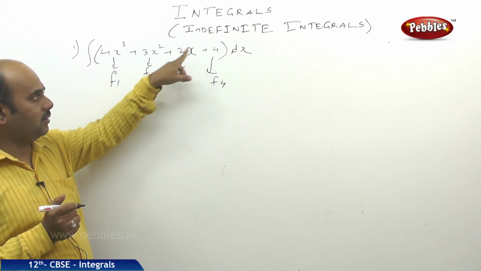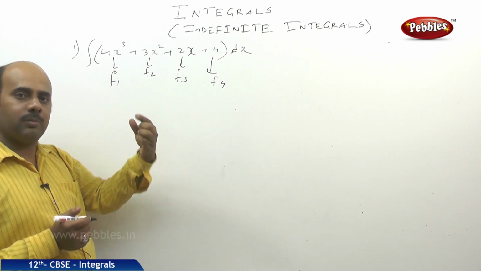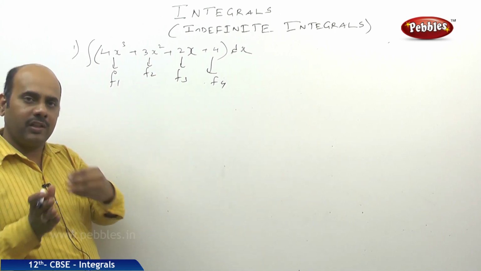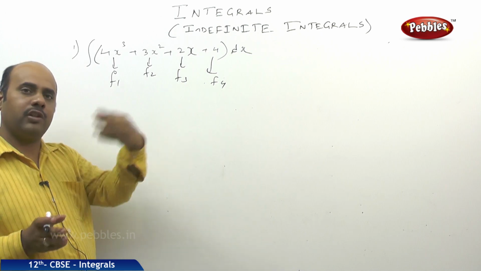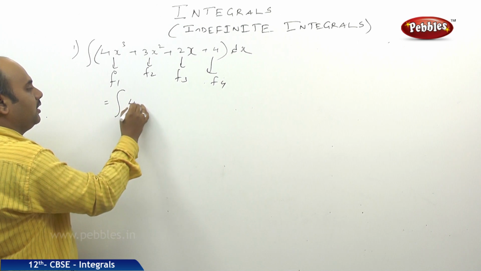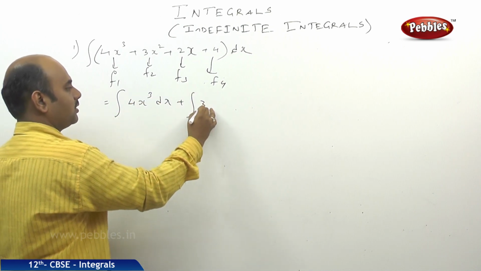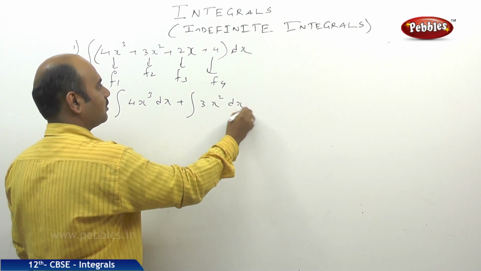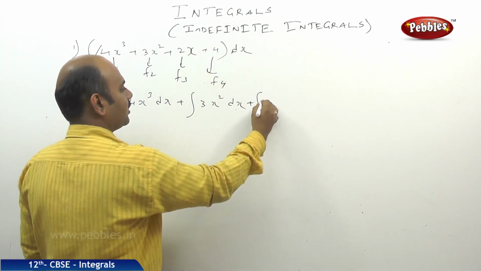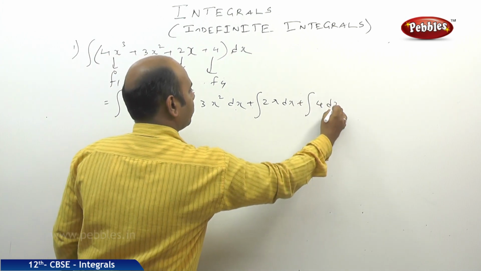And in between there is an algebraic operation called plus. Whenever plus or minus is there, we need to segregate, and we need to apply this particular integral. So what happens? Integral of 4x cube dx plus integral of 3x square dx plus integral of 2x dx plus integral of 4 dx.